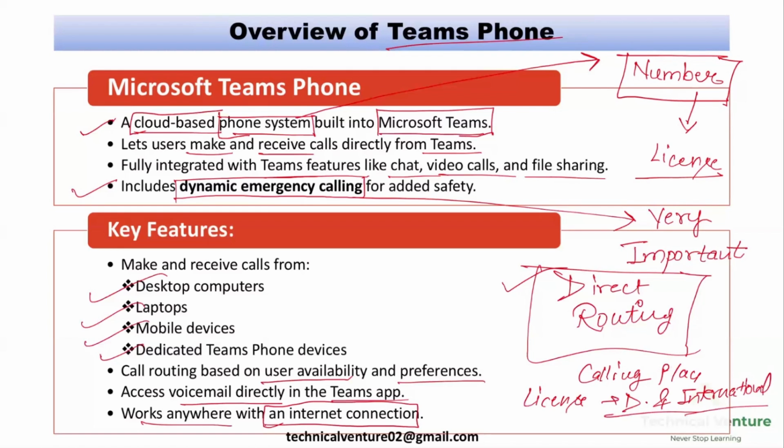That all depends on what you are using, either direct routing, calling plan, or other options. Mainly this phone system allows you to make calls whenever you search for any other user in your organization, right?